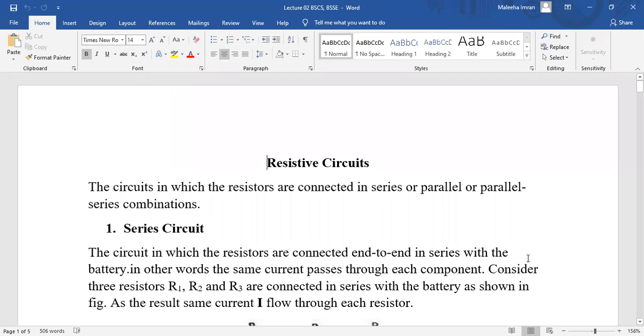So here first we consider the resistive circuit in which there is a DC source. And you know the example of the DC source. The DC source कौन-कौन सी होती हैं? The cells and the batteries are the DC sources. फिर हम देखेंगे कि अगर किसी रेजिस्टिव सर्किट के अंदर बैटरी या सेल लगा हो तो उस सर्किट को हम किस तरह एनालाइज करते हैं.